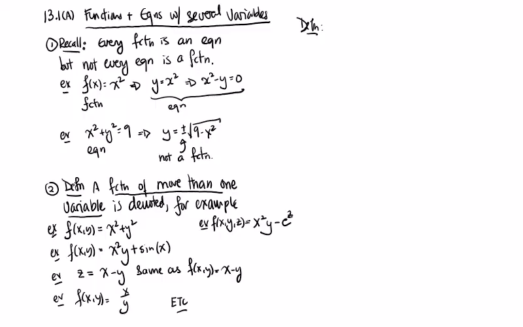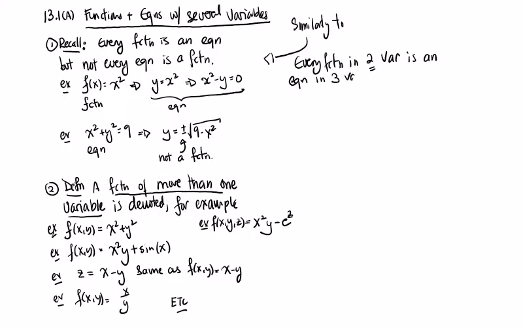Now, actually let me delete the word definition. It's not really accurate there. So let me say, similarly to this comment right here, every function, let's be very specific here, every function in 2 variables is an equation in 3 variables.